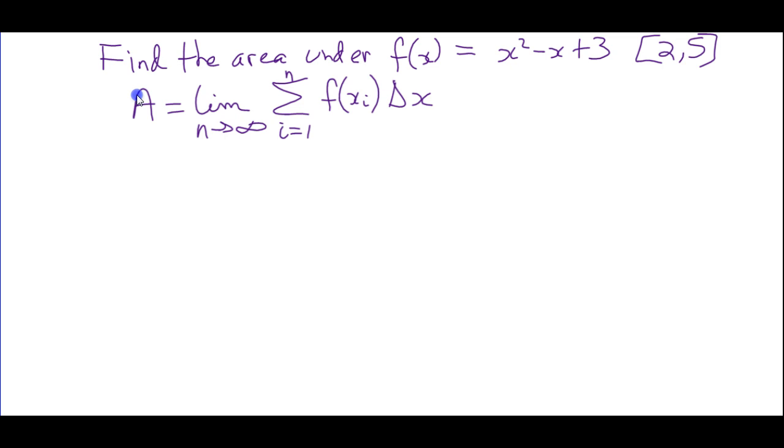What's delta x equal to? Now we have actual values for a and b. So 5 minus 2, because these are 3 units apart, divided by n. So delta x is 3 over n.